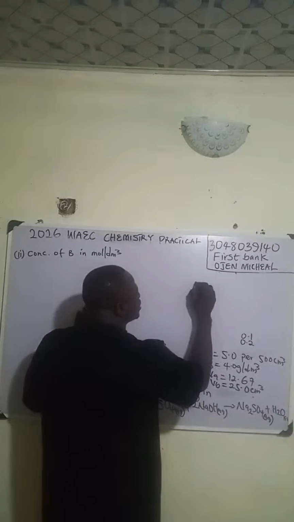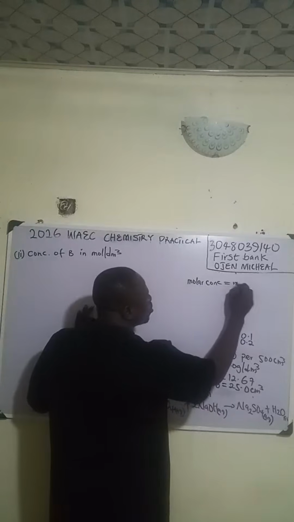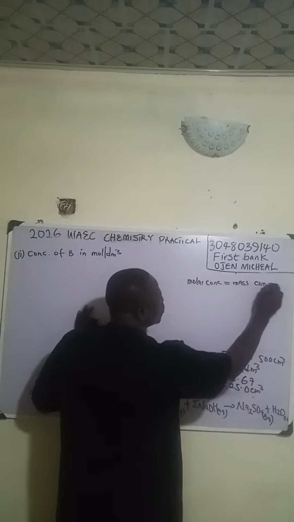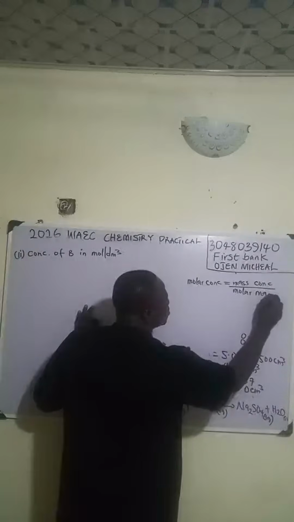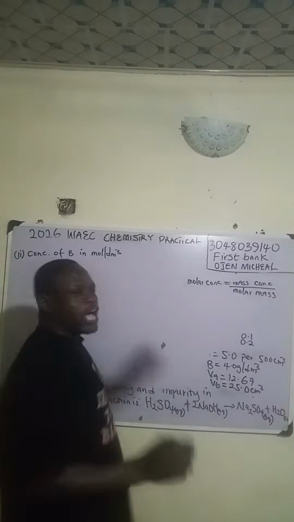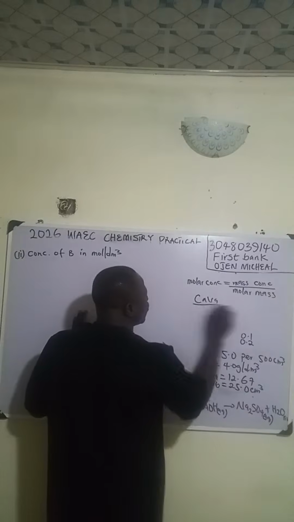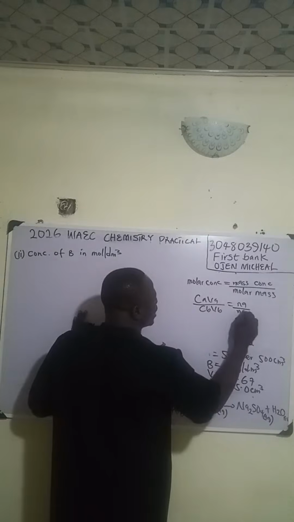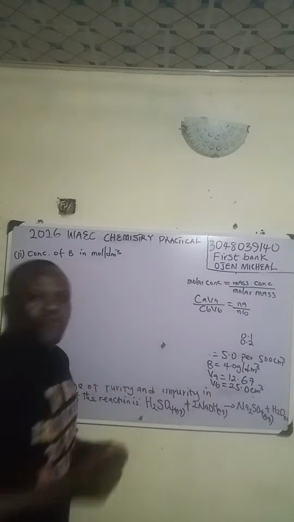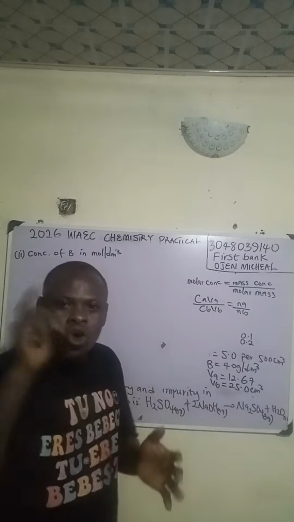One of the formulas is molar concentration is equal to mass concentration over molar mass. That is one of the formulas. The second formula is CAVA over CBVB is equal to NA over NB.